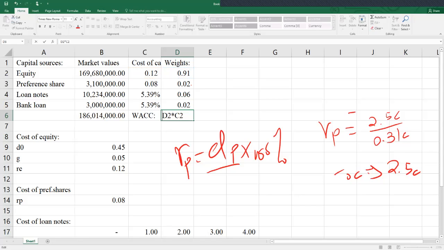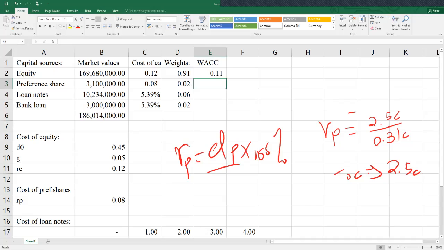Let me just work it out here to avoid confusion. Here I want to get the weighted average cost of capital, which will be equal to the weight times the cost, which got 12%.